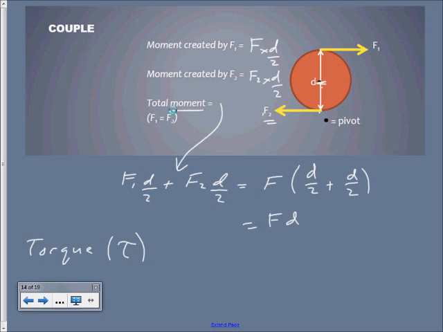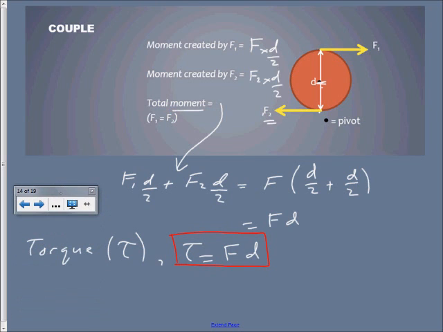And so the torque produced by a couple is F times D. Important little formula there. So that's simply the magnitude of the force. It's the magnitude of either force, so you don't double it. And that's simply the separation between the two forces.